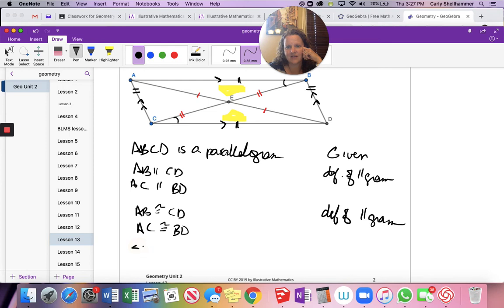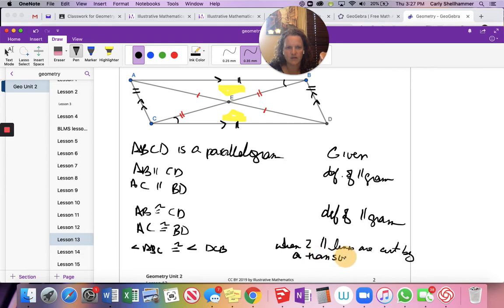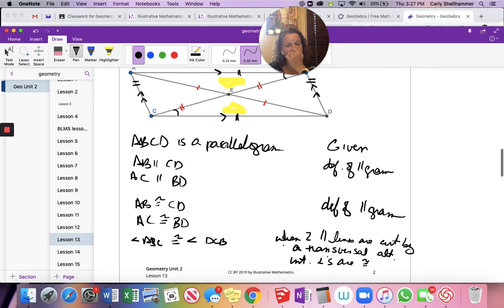So I can say that angle ABC is congruent to angle DCB, because when two parallel lines are cut by a transversal, alternate interior angles are congruent. I'm out of room already. This is sad.